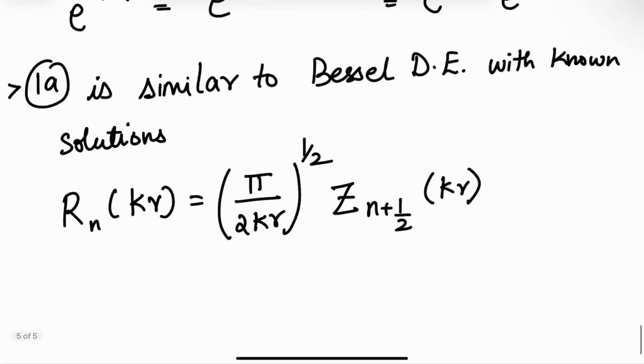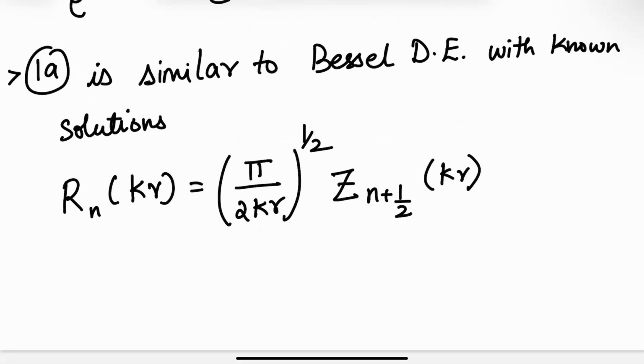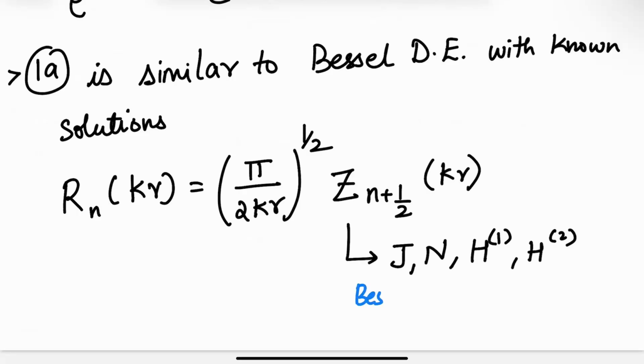Okay, so what are R and Z? Z here is my J, N, H1, and H2. So these were the Bessel functions.